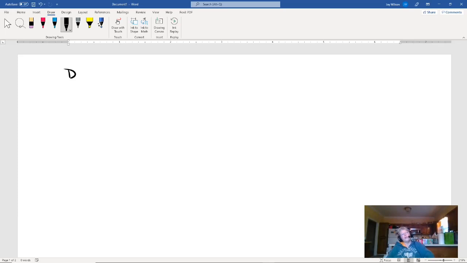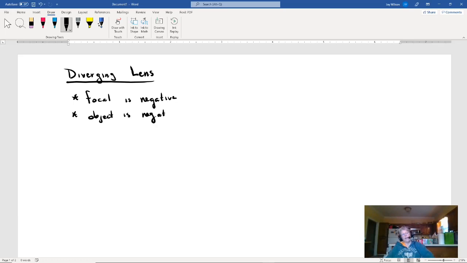So let's do a diverging lens, sorry. Okay, so now focal is negative. Object is negative. Let's see how we do this.